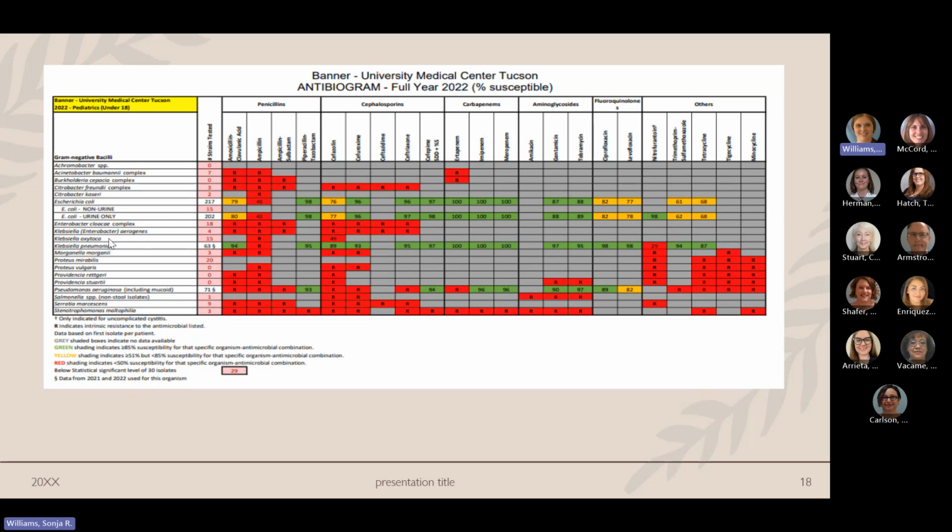Sorry, it's very small. So I'm not able to find it in this page. Oh, here it is. Pseudomonas. Ciprofloxacin is 89% susceptible, while levofloxacin is 82.